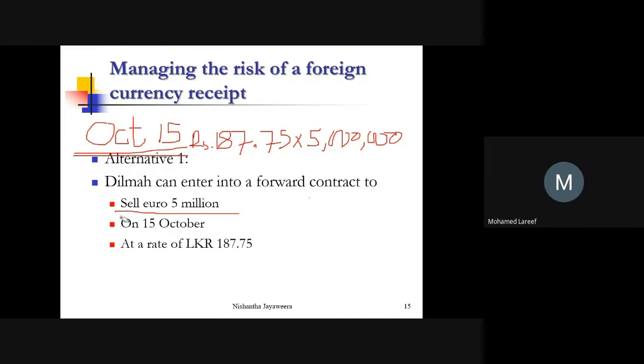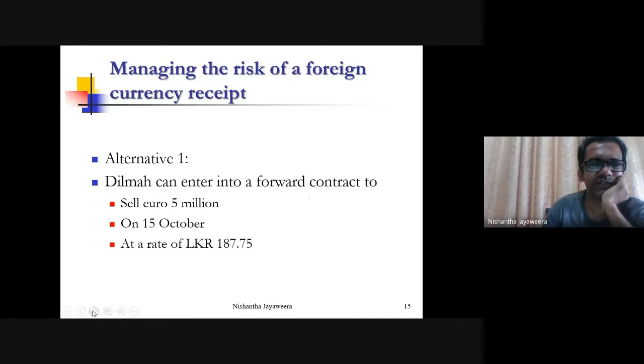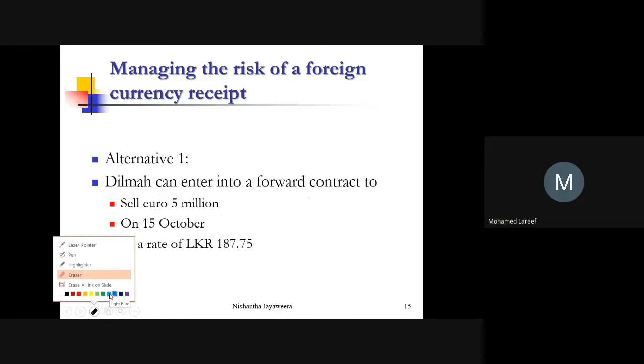So the product is standardized and unstandardized. The forward agreement is unstandardized, and futures is standardized. That's true. But what are the advantages or disadvantages? We can avoid the settlement.